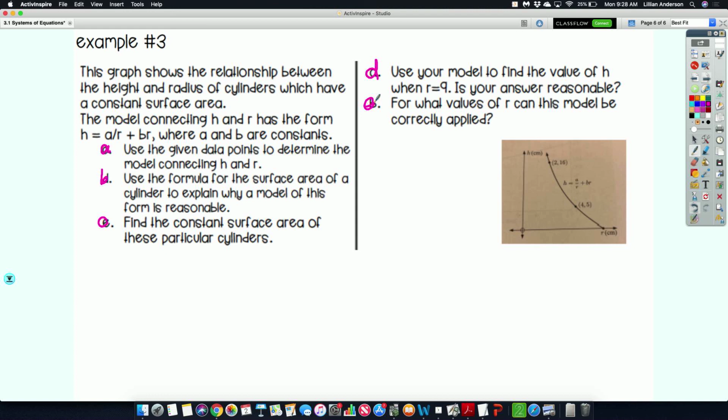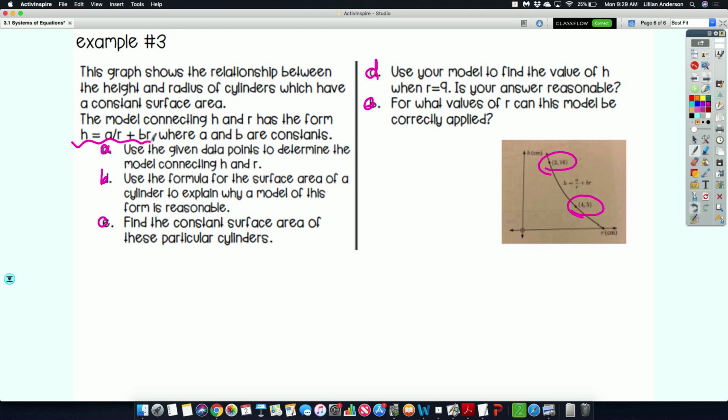Which points am I going to use? 2 and 16, 4 and 5. So this time it's only 2 points, not 3. And which model am I going to use? H equals A divided by R plus BR. Now, if I look at 2 and 16, which one of them represents R? Which one represents H?